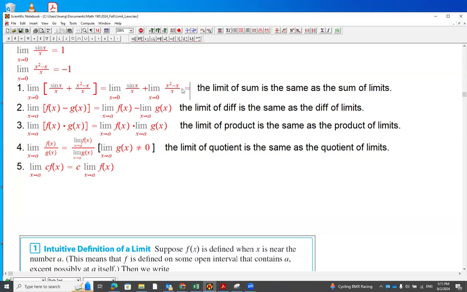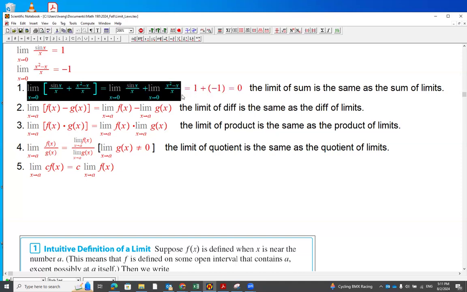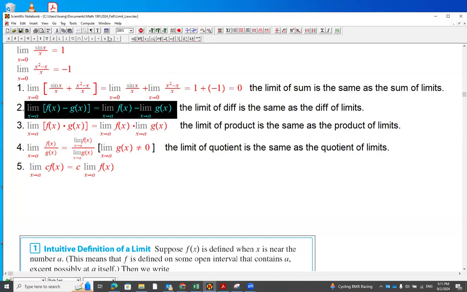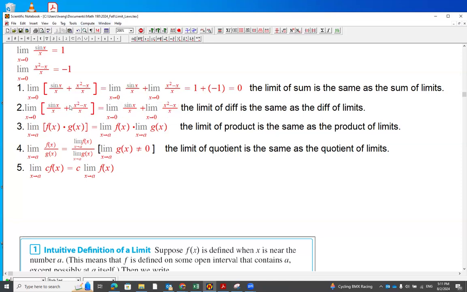So that's going to equal 1 plus -1, which equals 0. And the second case, the limit of a difference, the subtraction will work.